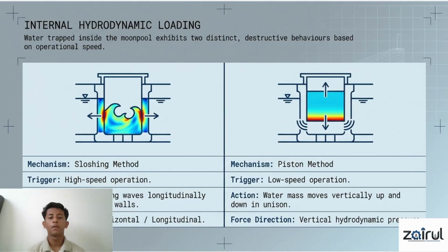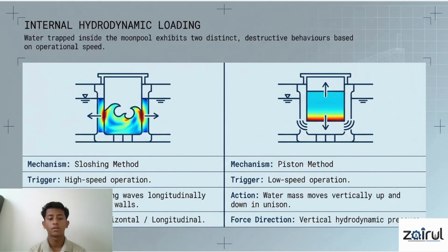In this project, two main loading conditions are considered. The first is sloshing, where water moves inside the moonpool due to vessel motion. When the vessel moves, the water gets into the moonpool.